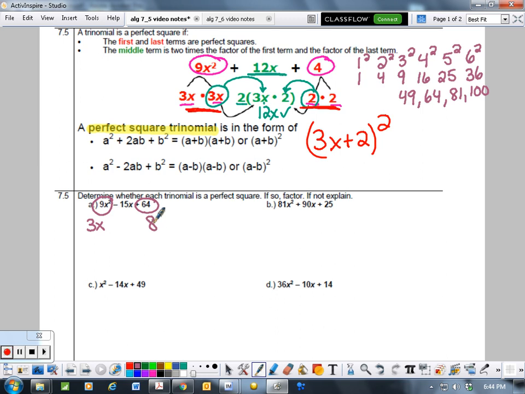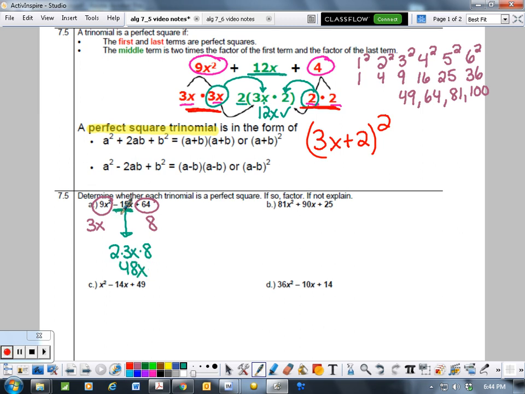Now I'm going to check my middle. Is this 2 times 3x times 8? Let's see, 6x times 8, 6 times 8 would be 48.